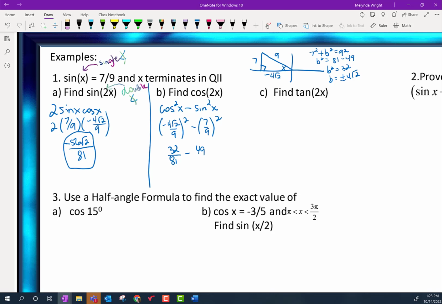Over 9 times 9 is 81. Now thankfully they have the same denominator, so we don't need to go through that fun that we have with those. So 32 minus 49 is negative 17 over 81. And that's our double angle value for cosine.